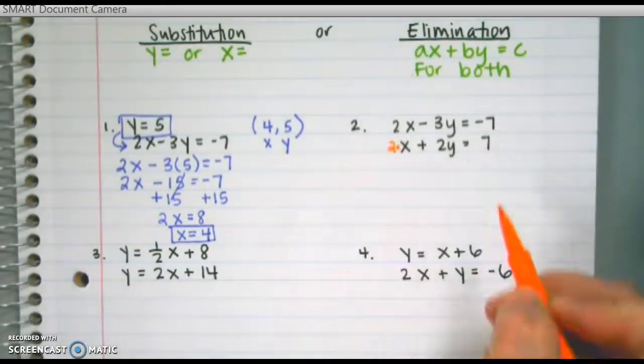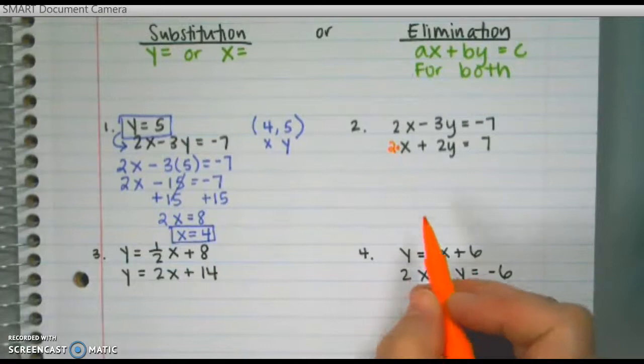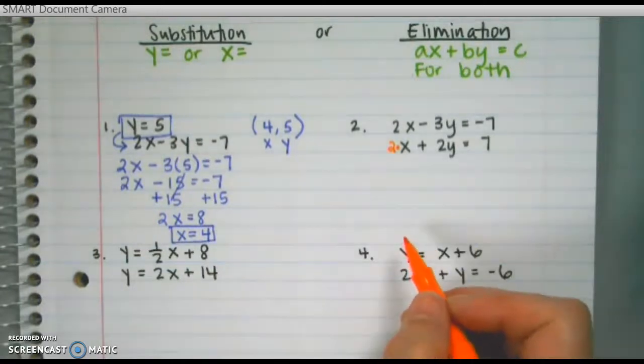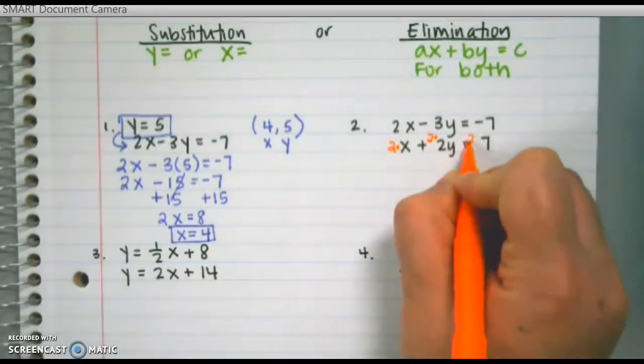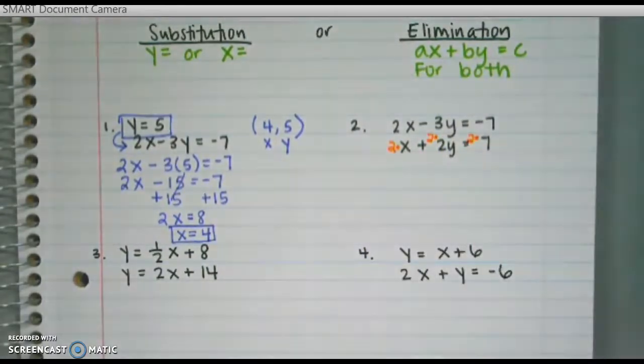If I multiply that by 2, now both of my equations have a 2 in front of the x. The only thing you have to remember is you can't just multiply one of the terms by 2. You have to multiply all of the terms by 2. It's not always going to be 2, but in this case it is.